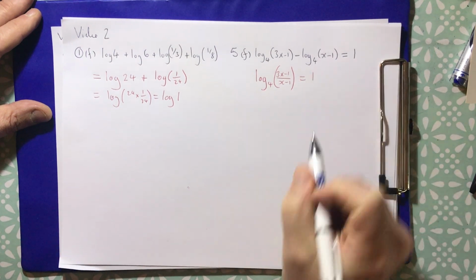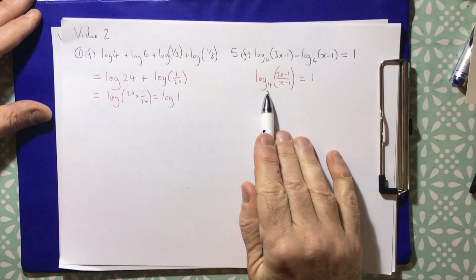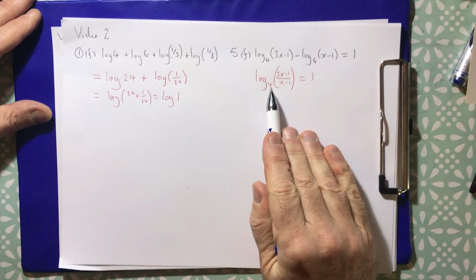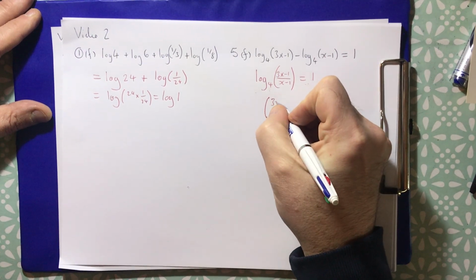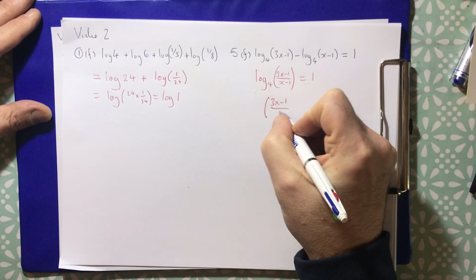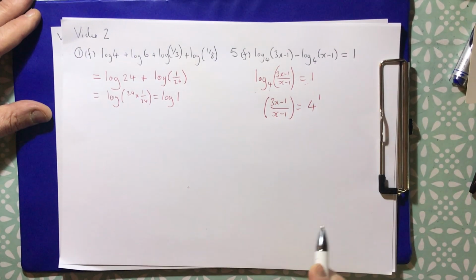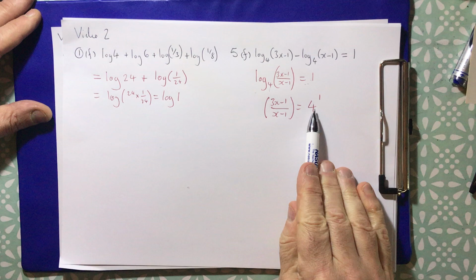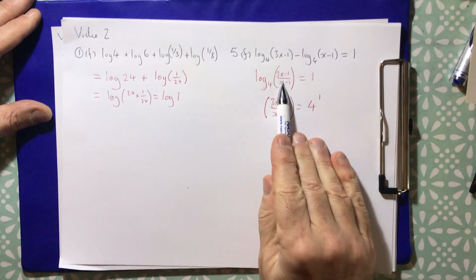See? Dividing by the x minus 1. That's equal to 1. Remember, to get rid of a log, we raise to the power, so it's going to be 4 to the power 1. So 3x minus 1 over x minus 1 is going to be 4 to the power 1. You basically turn that side into an exponential to get rid of the log.